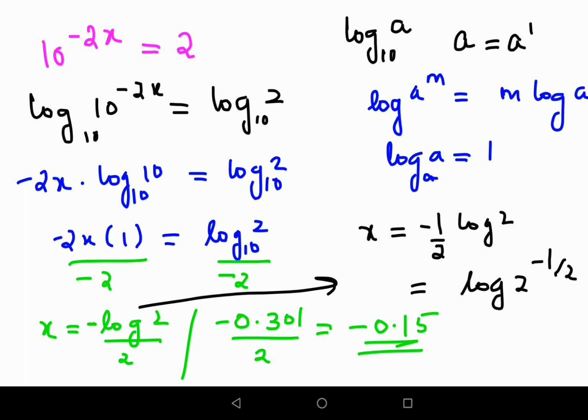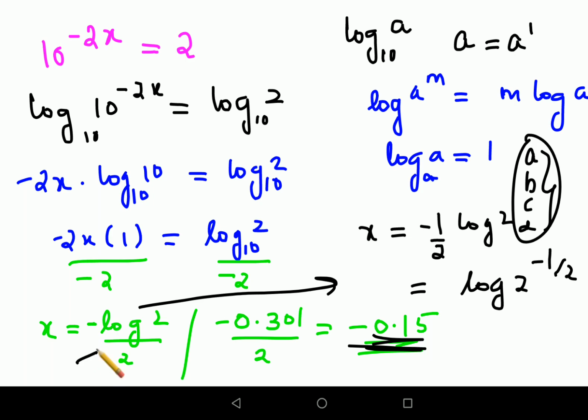Also very important, most of the time these kind of situations happen in MCQs. They give you 4 options and from that you have to select. Unfortunately, a lot of sums can be done from the options itself, but because there was a decimal situation, finding values like this would have been very tricky. So yes, you could have selected this if this was an option, or this, but for that, this kind of working is quite important.